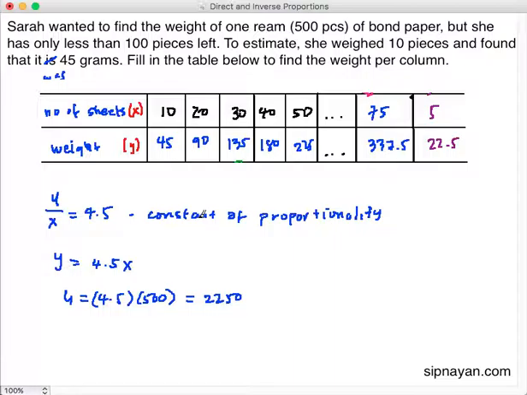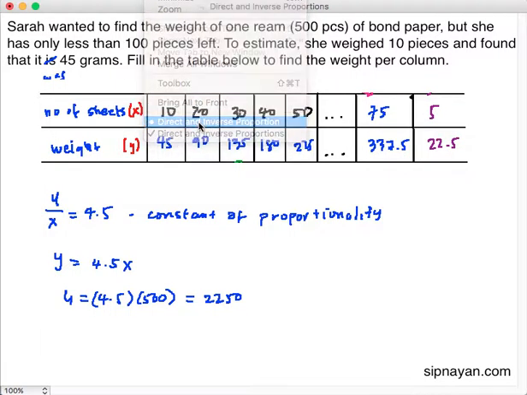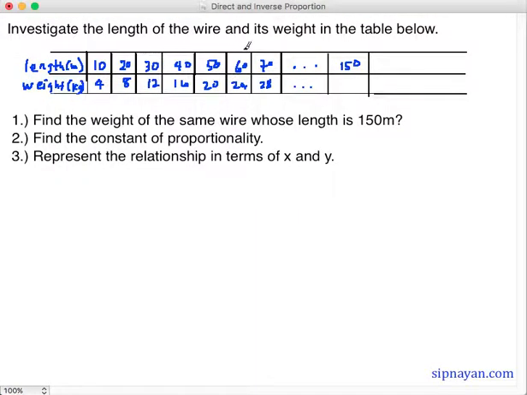Okay, so bago tayo magtapos, i-solve natin tong isang problem. Investigate the length of the wire and its weight in the table below. Find the weight of the same wire whose length is 150 meters. Paano nangyari naging 150 yung 10?